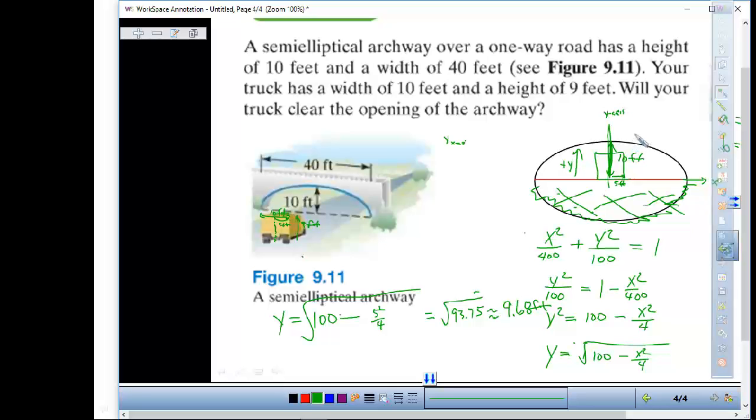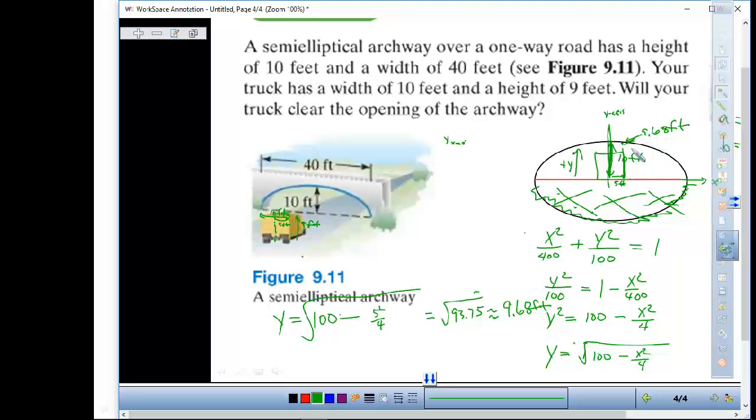So that means that over here at 5 feet, this height is 9.68 feet, and my truck is only 9 feet. So it's actually going to fit, but it's going to have 0.68 feet of clearance. That's it. And I've already calculated that out, and it was about 8 inches.